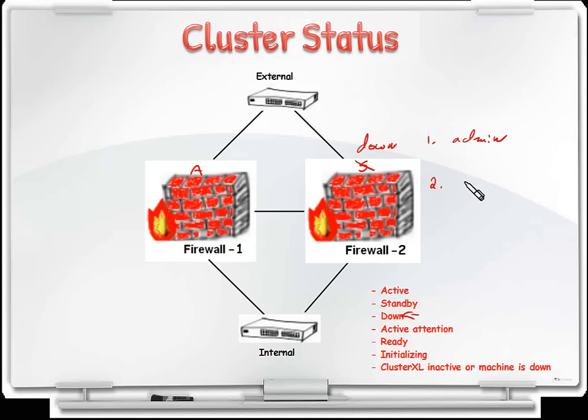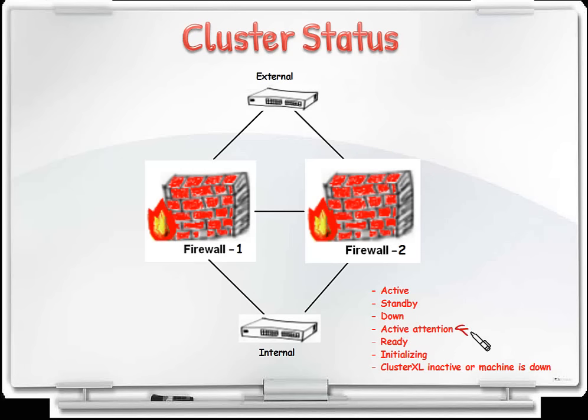The second reason is if the system itself recognizes that there is an issue, either with one of the processes, or maybe the policy has an issue, or maybe the sync has an issue. The system will recognize that there is a problem and automatically kick himself out of the cluster, and so he will go into a down state, which notifies all the other machines that he's no longer passing traffic, so the traffic load has to be distributed amongst all the other members.